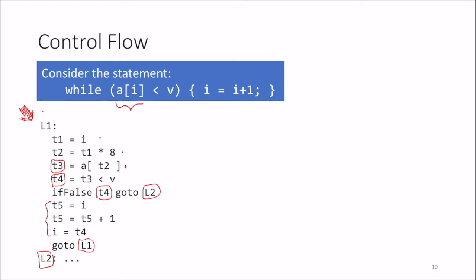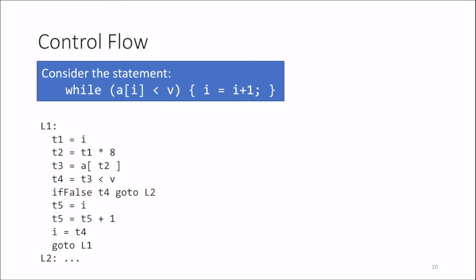As you can see, I got incremented. So we look at the next memory location, we check if it's less than V, and execute this while loop. So the while loop is set up using this goto statement and this goto statement over here. All of our control flow would look something like this.